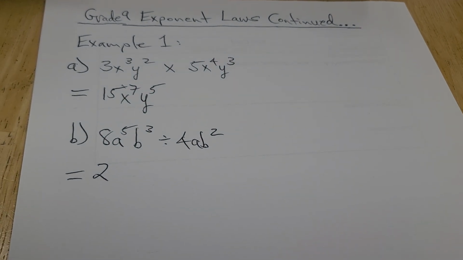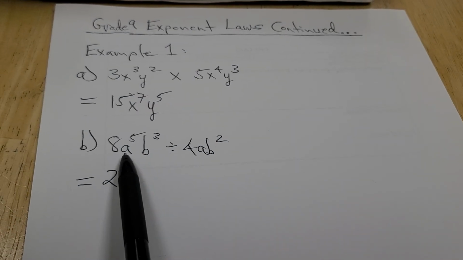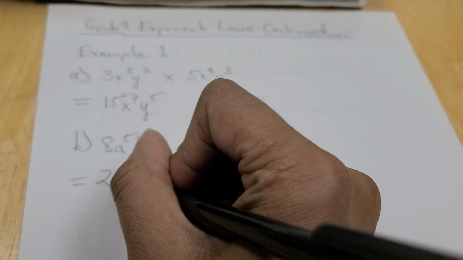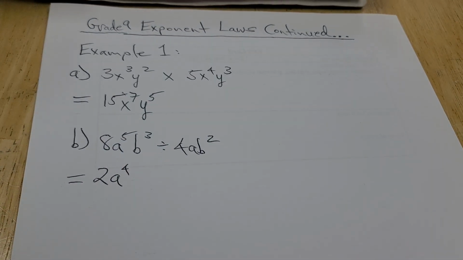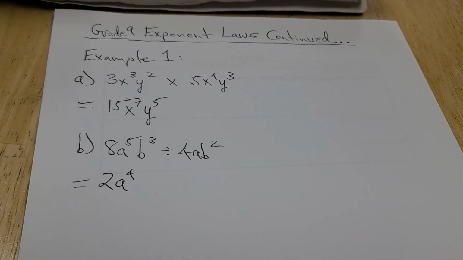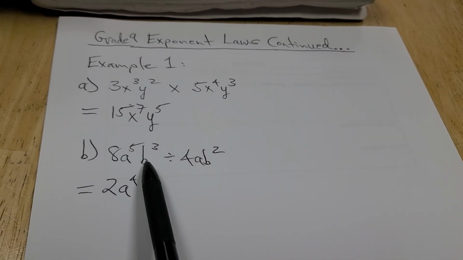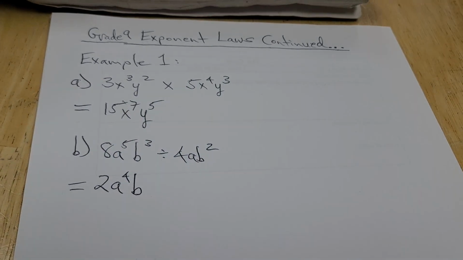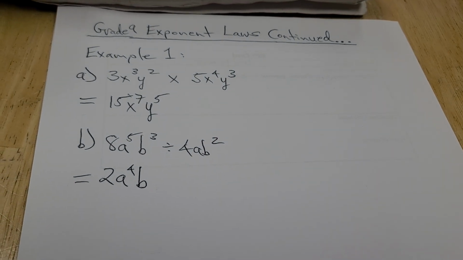And for the exponents, you're subtracting the exponents. This is a to the 5 minus a to the 1, a to the power of 4. Once again, if there's no exponent on the variable, you're assuming it is 1. b to the power of 3 minus b to the power of 2 is b to the power of 1.